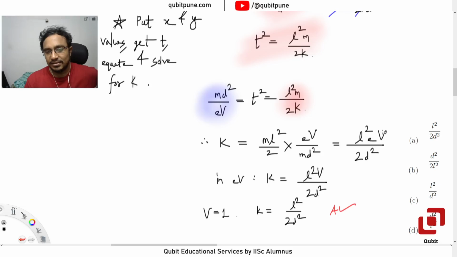It becomes L squared V by 2D squared, लेकिन V 1 है. V is 1, gives me L squared by 2D squared. Anyone with this answer?